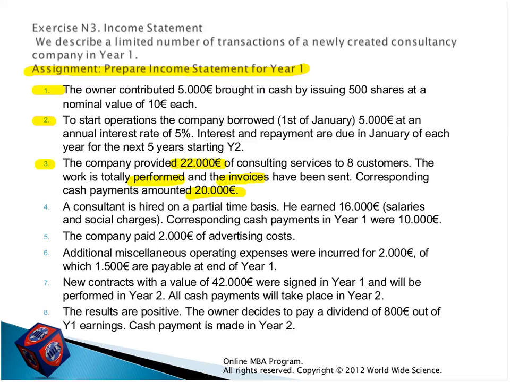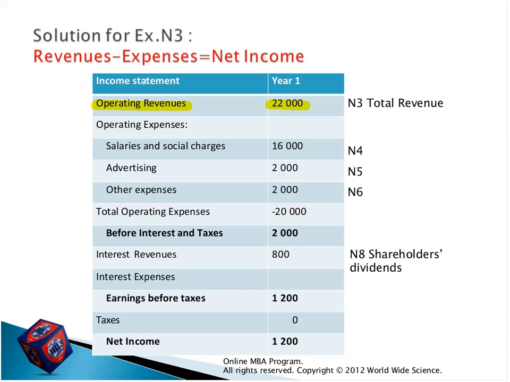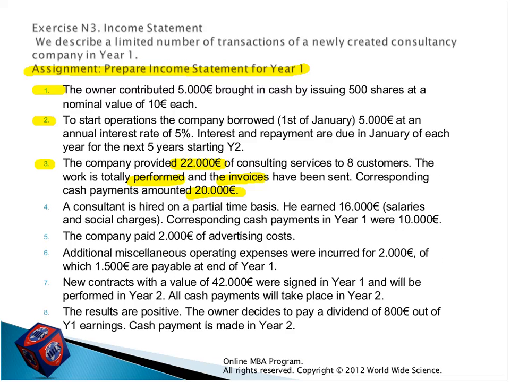By the income recognition principle, we must recognize and record the amount of 22,000, right? And here I put the operating revenues equal to 22,000. This is total revenue under number 3, which means under transaction number 3. So if it's clear, we can move on to the next one.